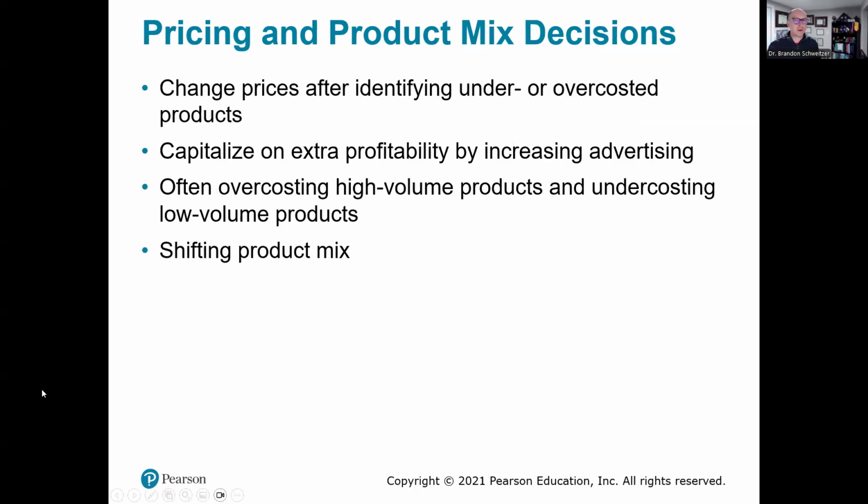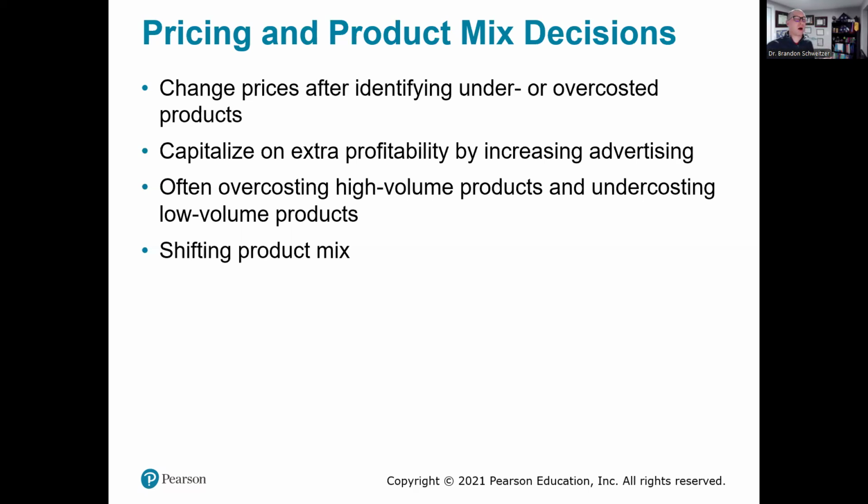When it comes to our pricing and product mix decisions, I look at my offerings that the company has, and I try to make decisions of whether or not to carry those products. So, for example, I have my ellipticals and I have my treadmills.